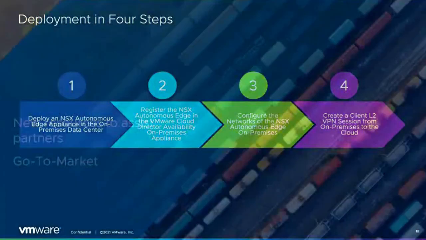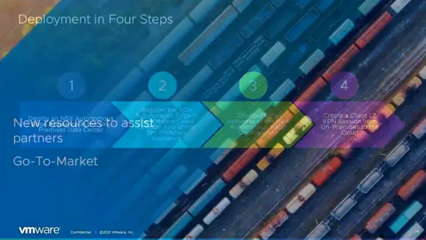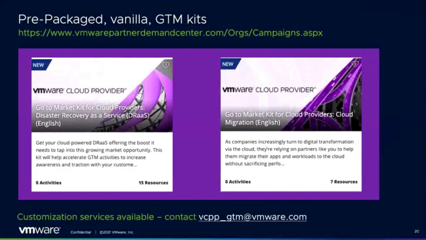Okay. Next, what resources are available now with this new release? On the Partner Demand Center, we have published 2 go-to-market kits with several resources in them that can be branded. The first one is disaster recovery as a service, and the second one is for the target audience.